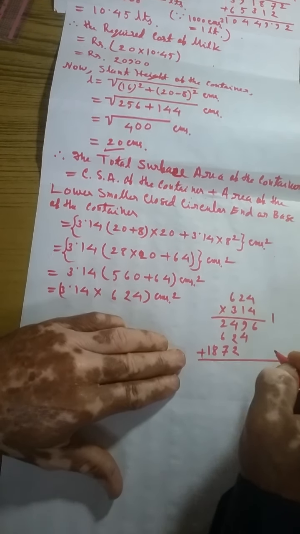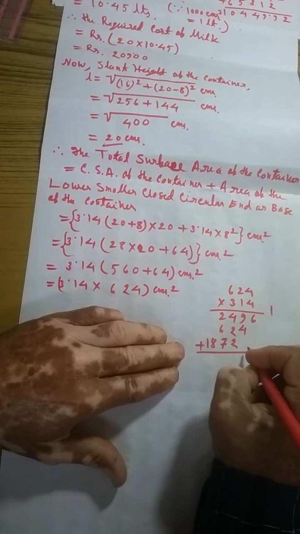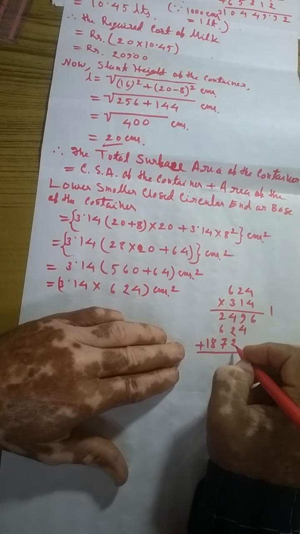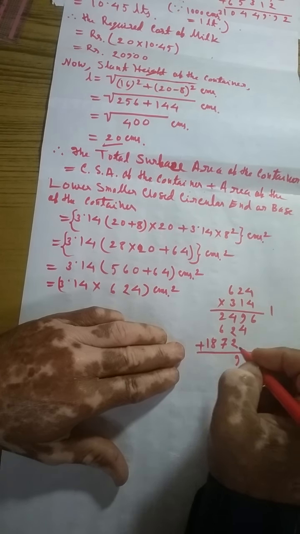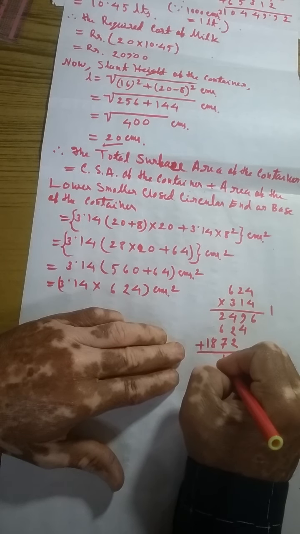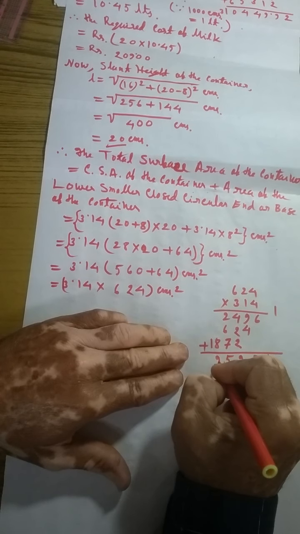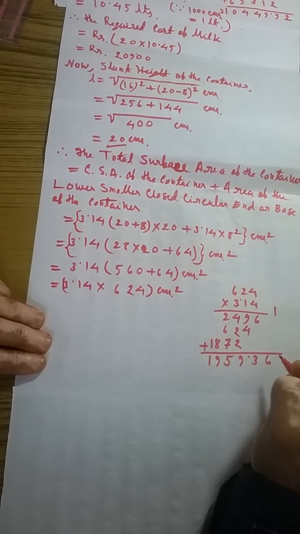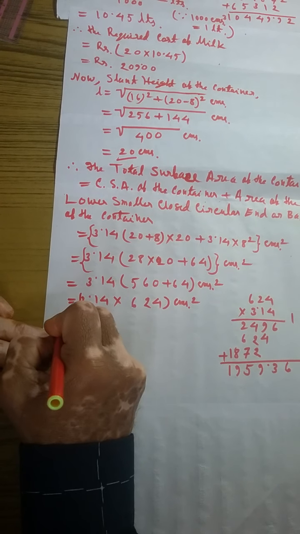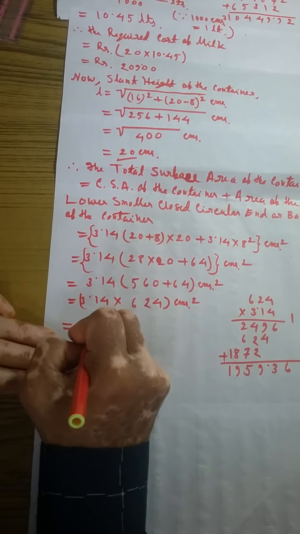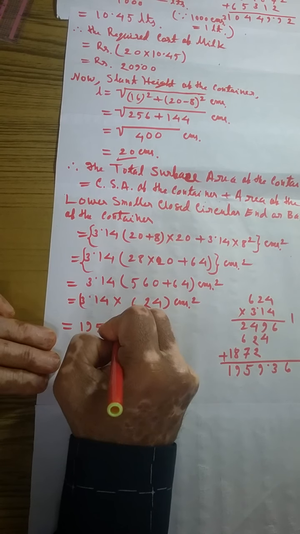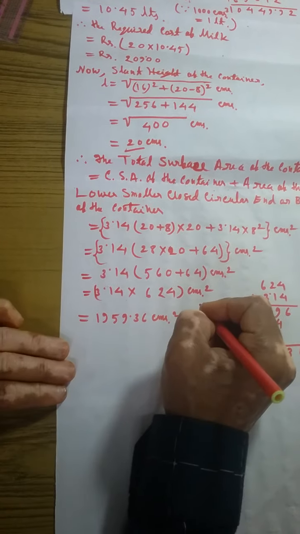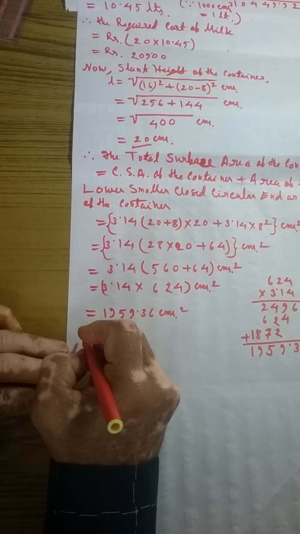Now if we add these elements, we will get 6 here, 13 here, 4 plus 2, 6 plus 2, 8 plus 1, 9, 6 plus 2, 8 plus 1, 15, 8, 9, 1. We had a decimal point here, so we will get a decimal point here. So this is again equal to 1959.36 centimeters square. After this, proceed in this way.